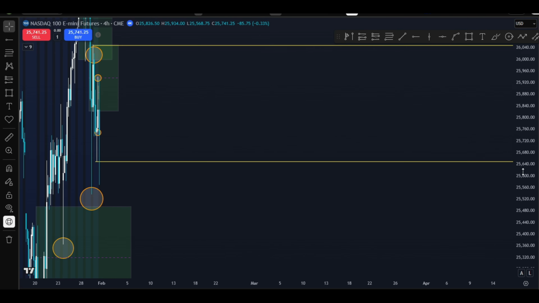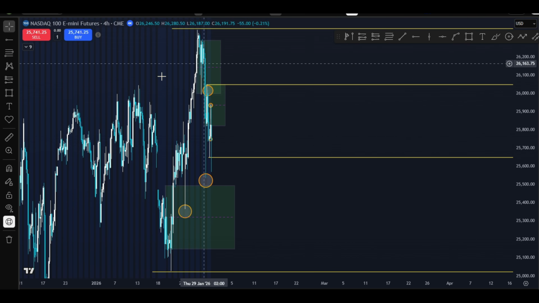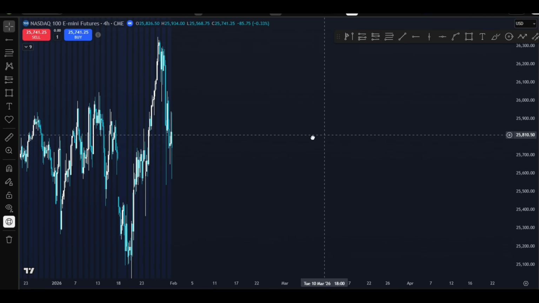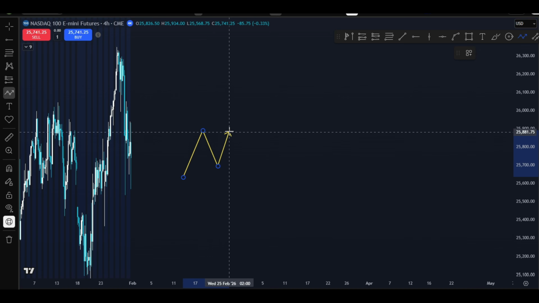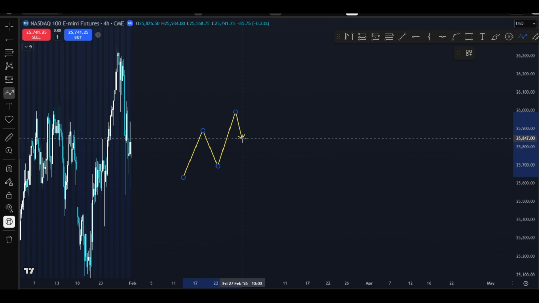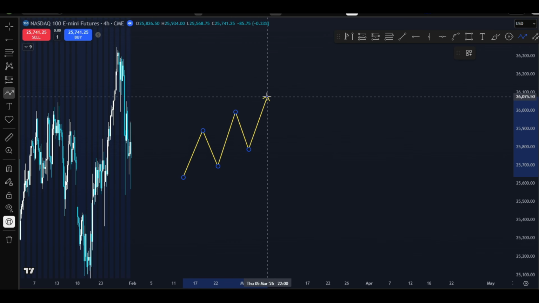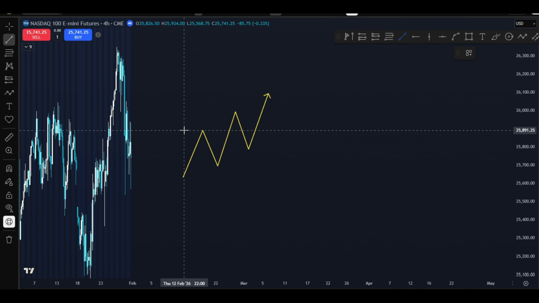Use this as a box. What we want to target is price to move, market structure break, and then tap into here, and then target down for the external liquidity. That's the main concept we want to cover here, right?